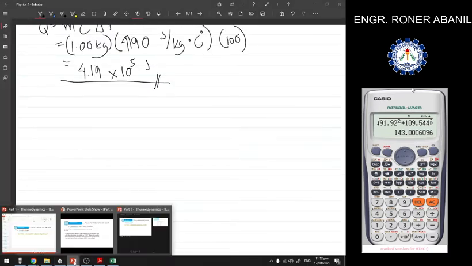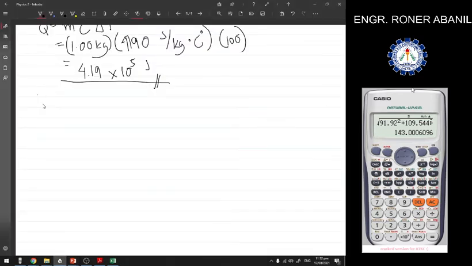This is problem number 7. Yung camper daw ay naglagay ng coffee sa aluminum cup.